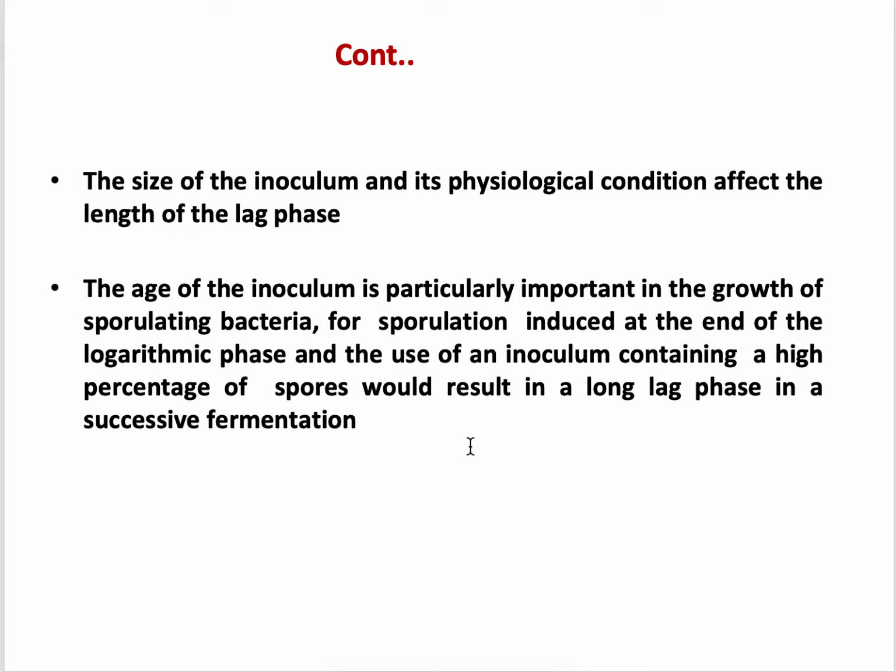Sporulating bacteria means bacteria which produce spores. The sporulation is usually induced at the end of the logarithmic phase. If we use inocula which contain a high percentage of spores, the lag phase will be very long in the fermentation process, because first the spores need to germinate.